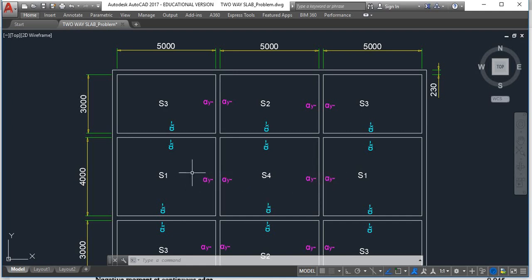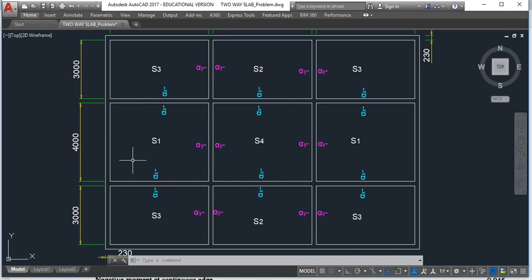So you can follow the cursor. Now you can see this is hogging, then it is sagging, then it is hogging. Therefore, we'll have negative alpha y coefficients acting along the shorter span, and similarly when the short span bends, again you can follow the cursor, it is hogging, then sagging, then again hogging. So S4 is having negative alpha x along the continuous edge of the longer direction.